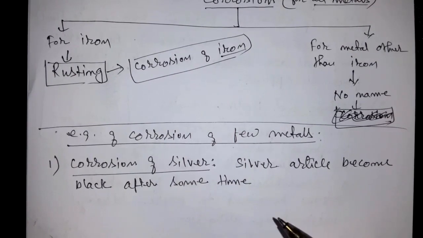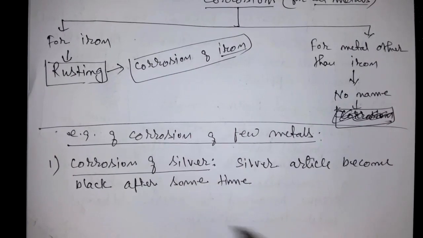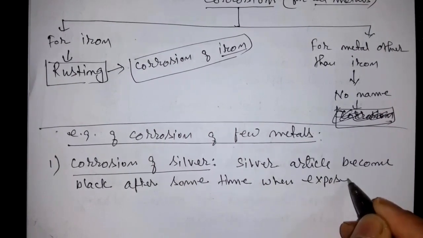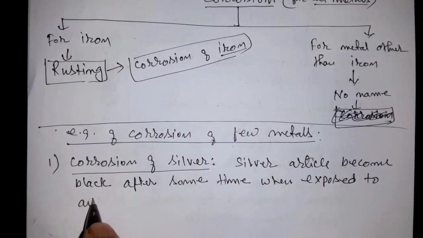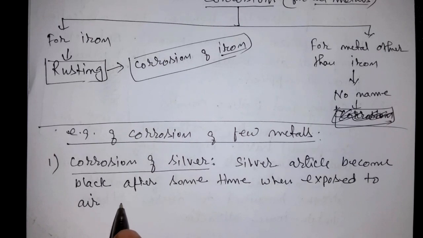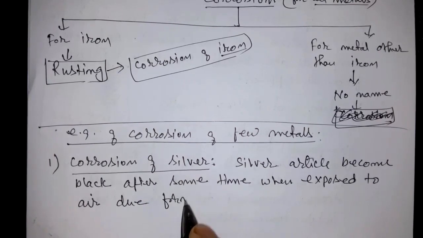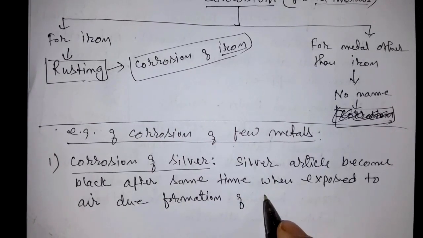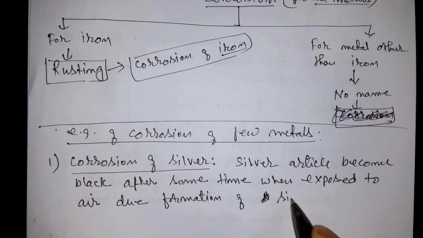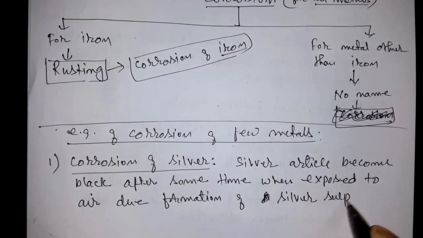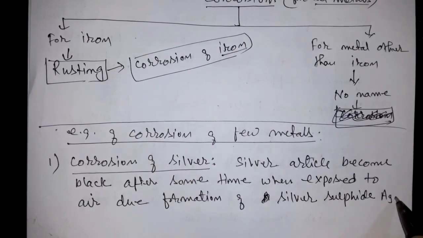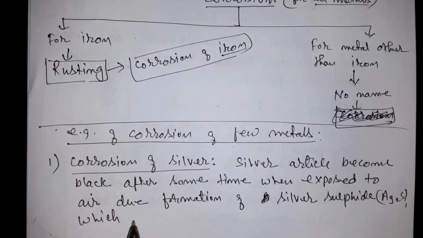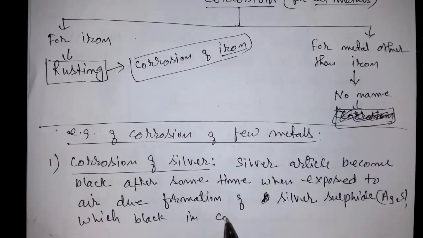This sometime does not mean a few hours. Sometime means a few days or a few weeks, we can say, when exposed to air, due to formation of silver sulfide, Ag2S, which is black in color.